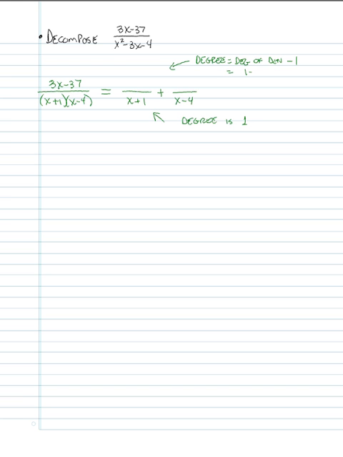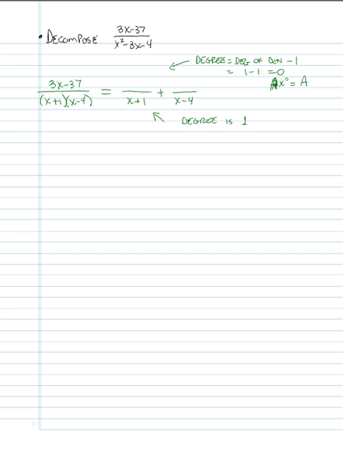And so in this case, that's 1 minus 1, or 0. Well, what does 0 degree mean? It means it has an x to the 0 power. Let's write it this way: some number times x to the 0 power. But x to the 0 power is just 1. And so it just ends up being a constant.